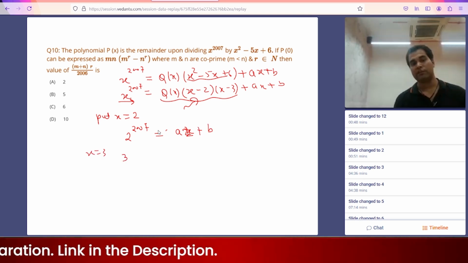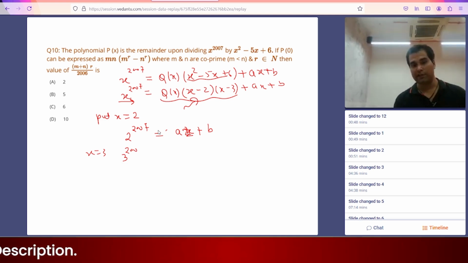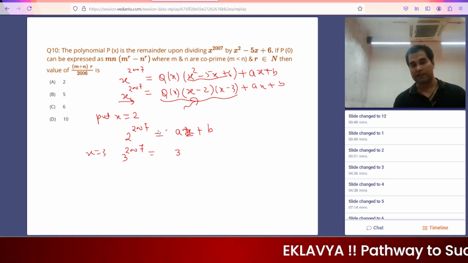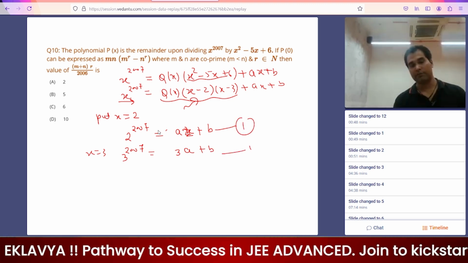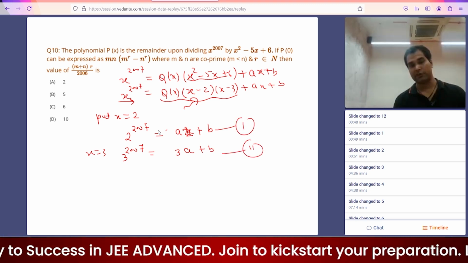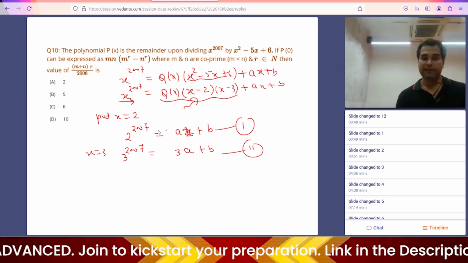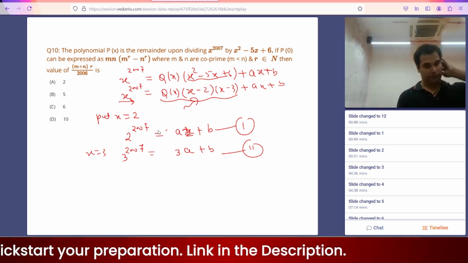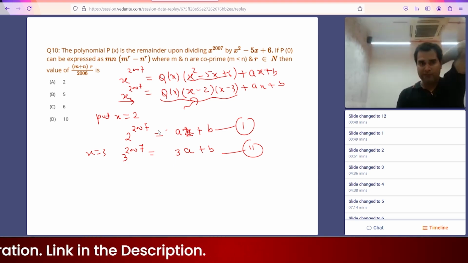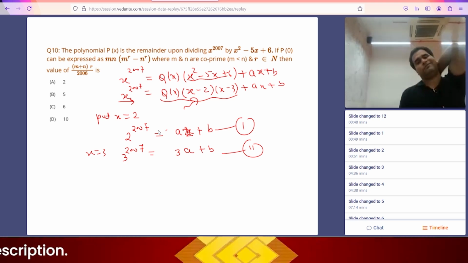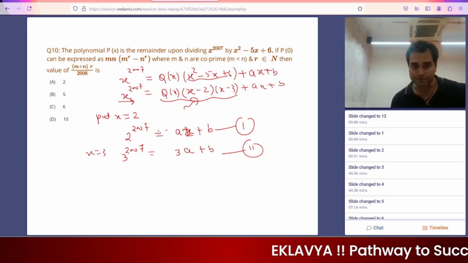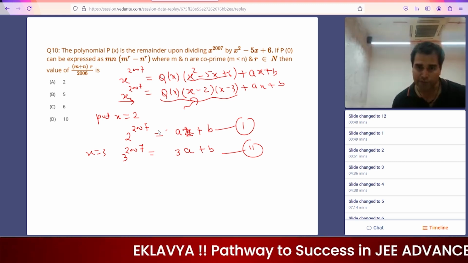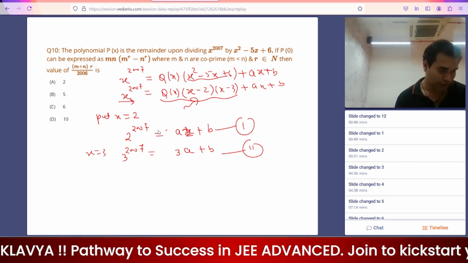When we put x equal to 3, we get 3 raised to the power 2007 equals 3a plus b. This is equation number 1 and this is equation number 2. Now, the next step to find p(0): subtract equation 1 minus equation 2.